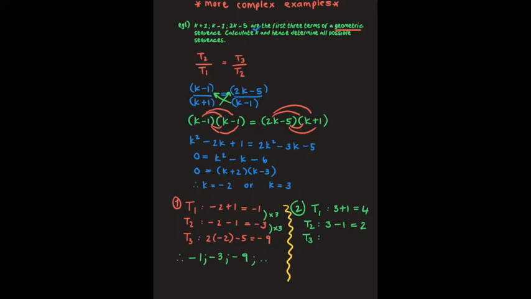And term 3 would be 2k minus 5, remember k is equal to 3, so that's 6 minus 5, which is 1. This is a very interesting pattern, don't you think? It's going 4, 2, 1.